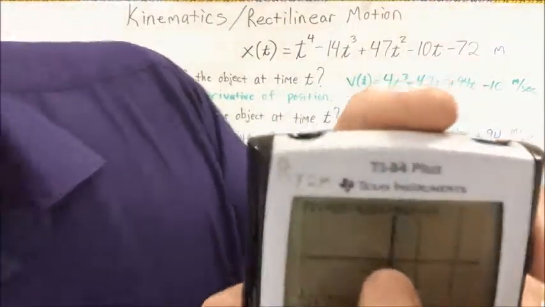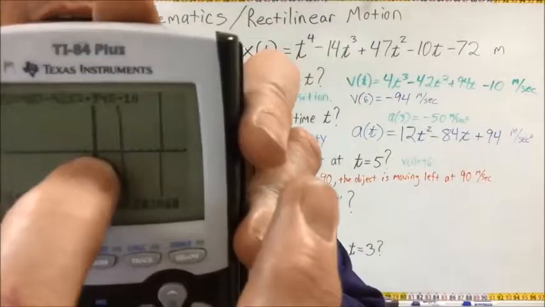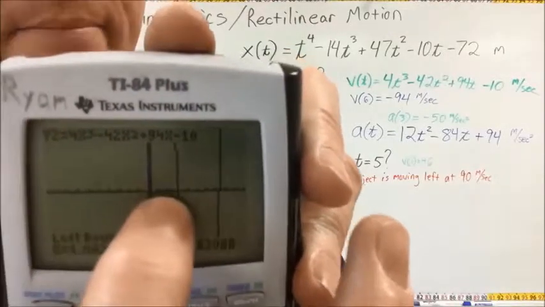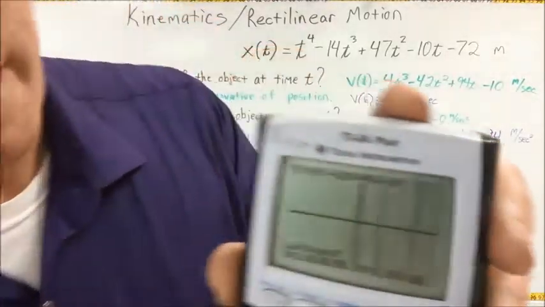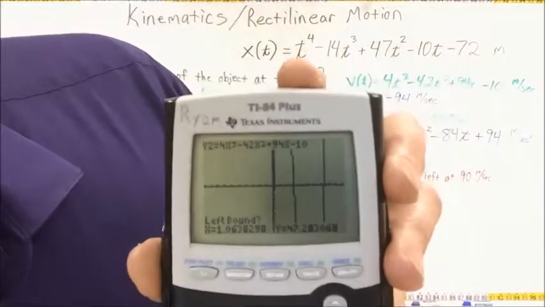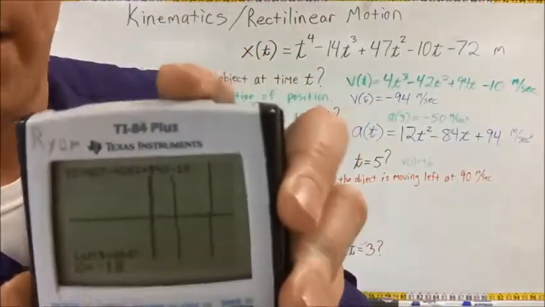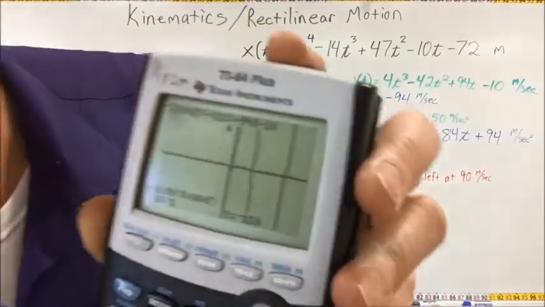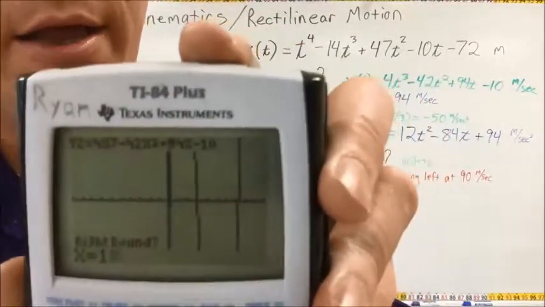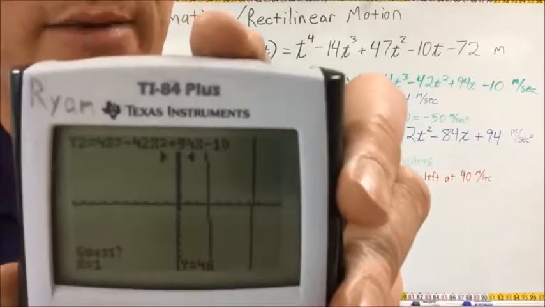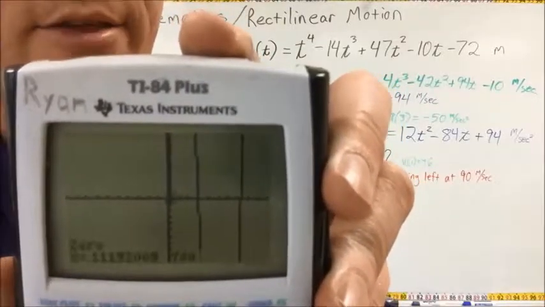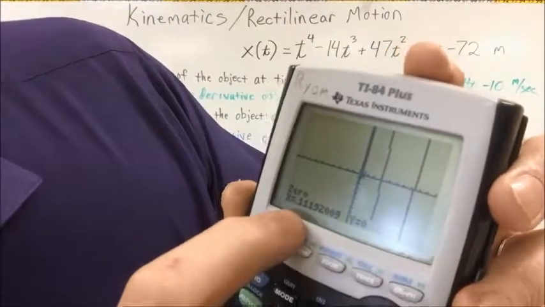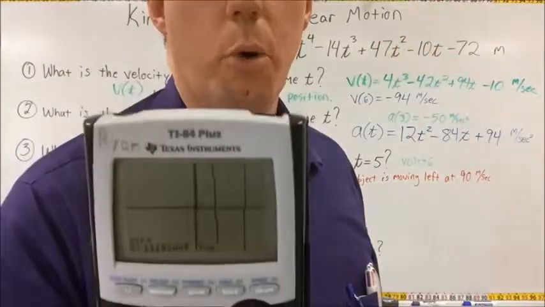Well, it looks to me like the very first one is kind of near 0, right? So I'm going to enter -1 and +1 as my left and right bound. So it says left bound, I'm going to key in -1, enter. Then it says right bound, and I'm going to key in +1, press enter, and then it says guess, and I'm just going to press enter, and it says that there is a zero at 0.1119.